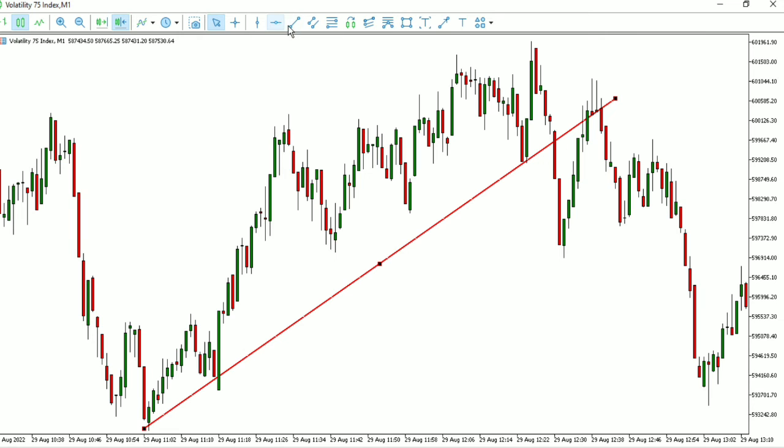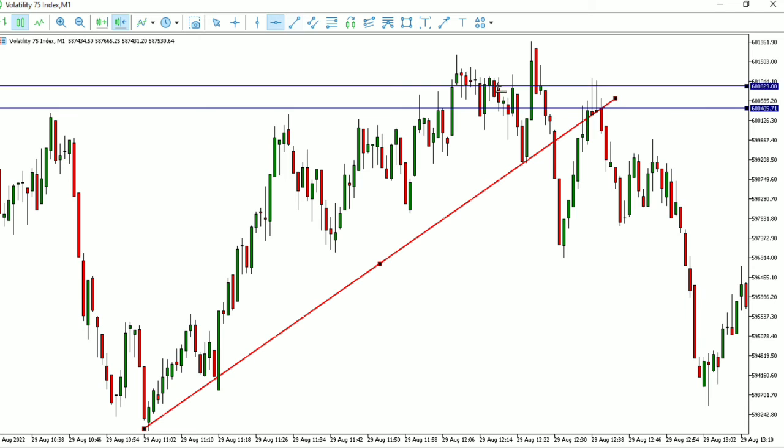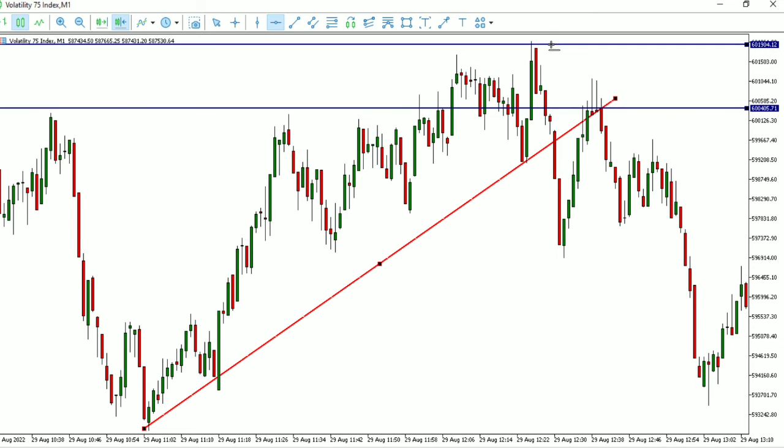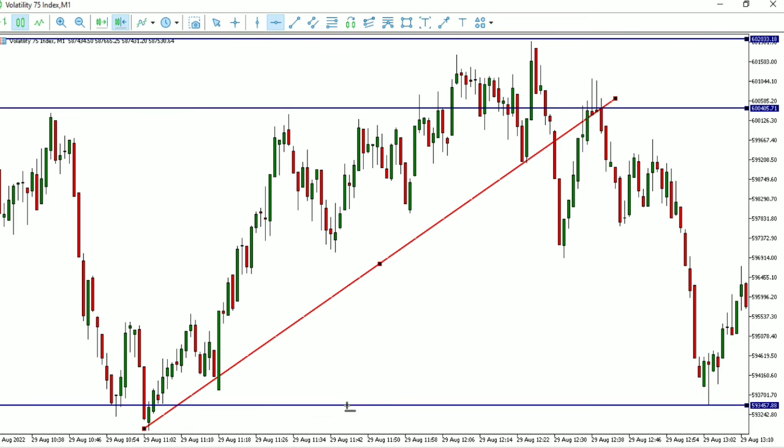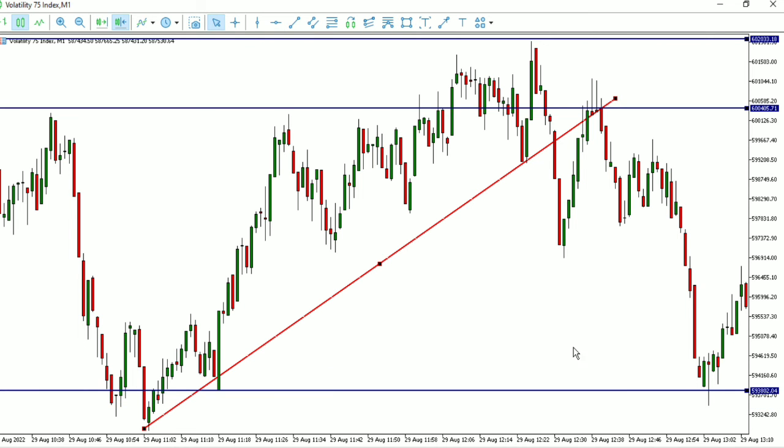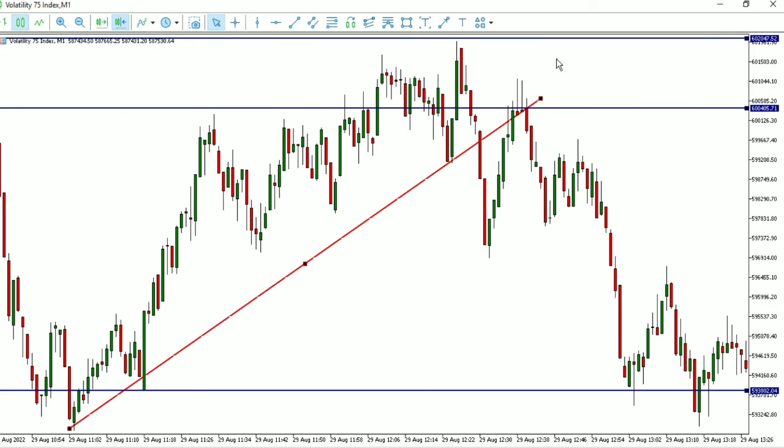If the market does reverse back into the trend line, that's when it reaches the trend line, you would need to sell at this point here, and at this time you would put your stop loss even above the highest point here, and then you take profits 3 times the risk. If you are risking $3 here, make sure you're making $9 here.